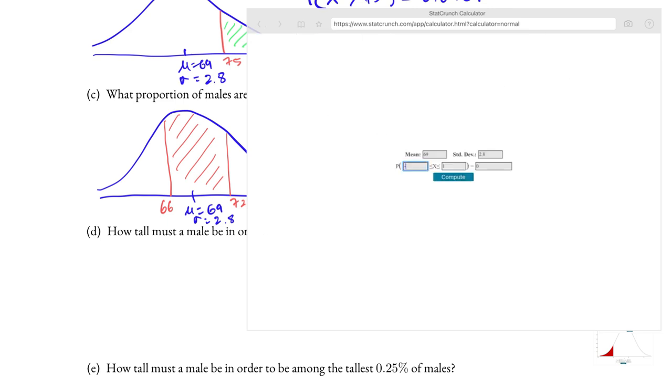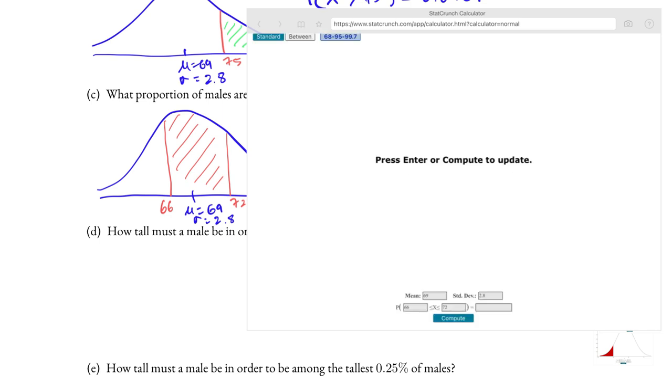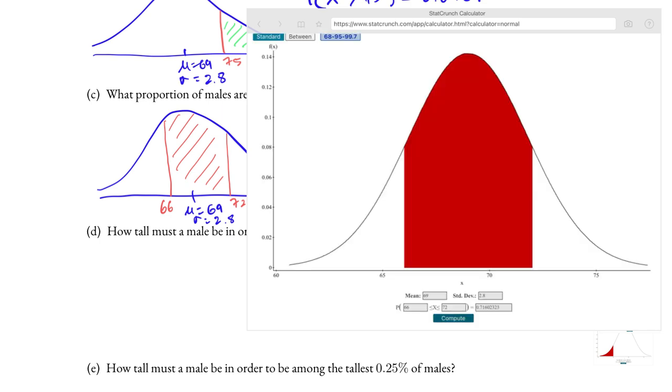If we click between, we see that there are two boxes now, and x is between. The two values that we want to put in are the lower 66 and the upper 72. Don't forget to clear out the box before inputting these two values. And then we hit compute.